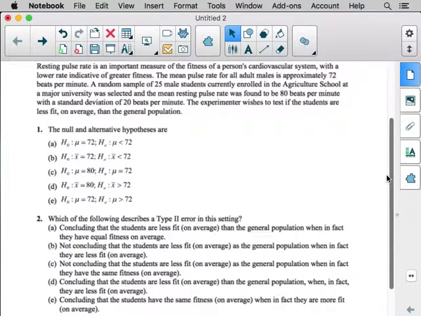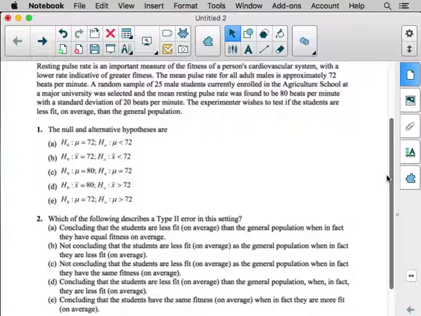So, if we're looking at this, first, for the null hypothesis, I'm seeing two different symbols here. Half of them use mu, half of them use x bar. Which one is appropriate for your hypotheses? Which one have we always used when writing hypotheses? We've always used mu, right?